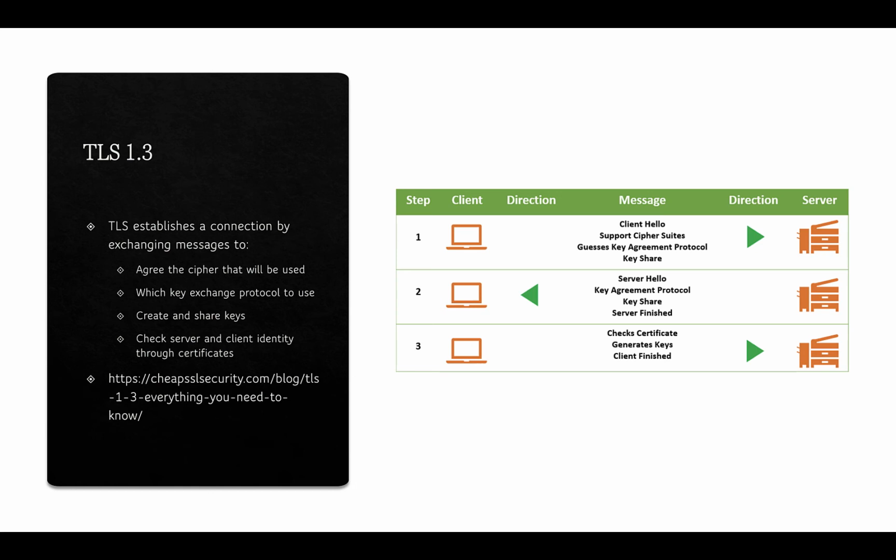Here are the key sharing messages, and then the server finishes. The client will then check the certificate, generate keys, and then the client finishes off. And by that time, TLS is set up, and essentially they can start communicating securely over that connection.